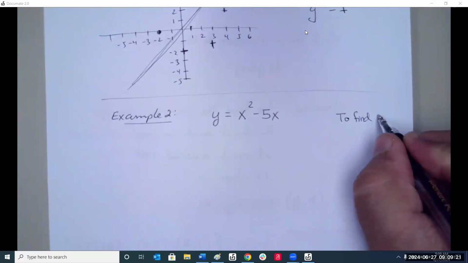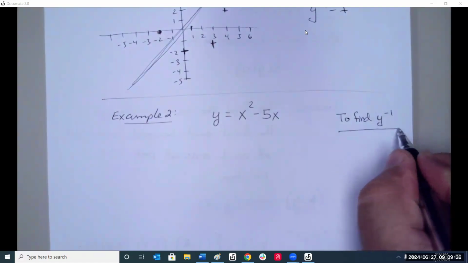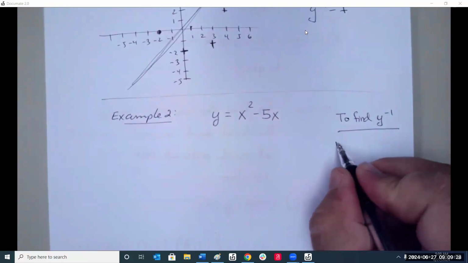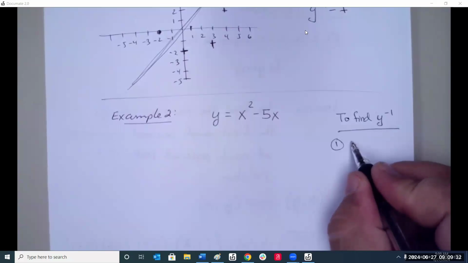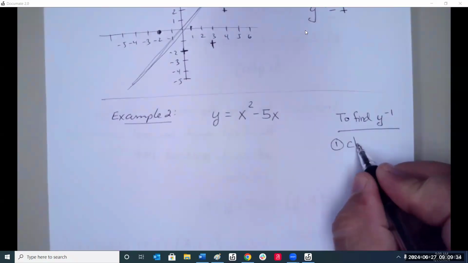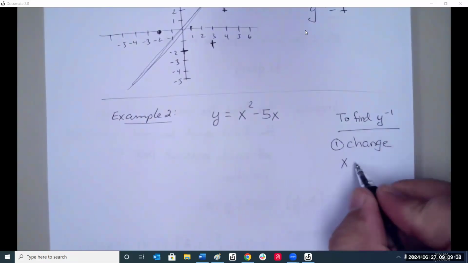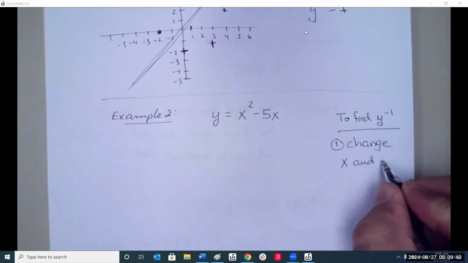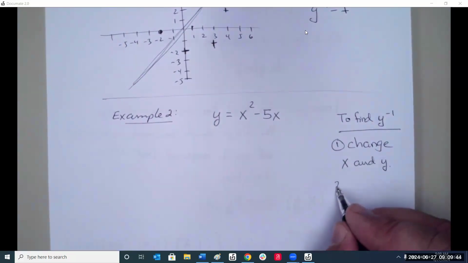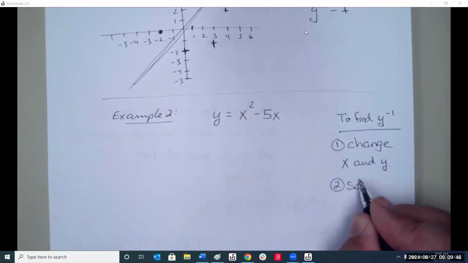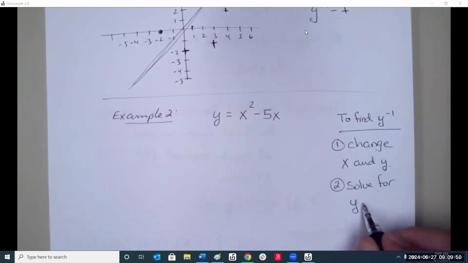To find the inverse, change x and y, and then solve for y.